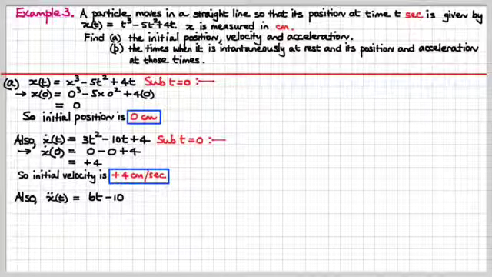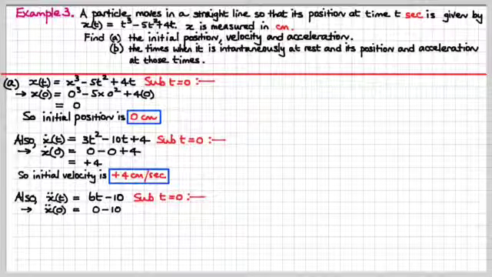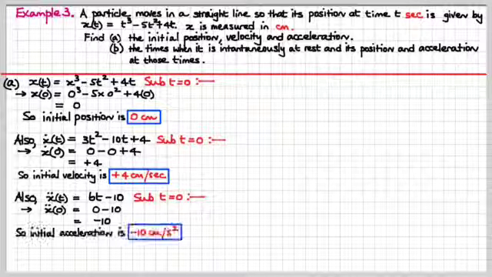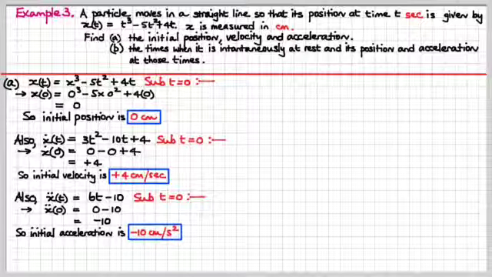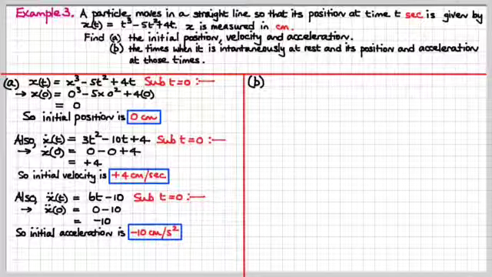We take the derivative of the velocity function, which gets us 6t minus 10, and we plug in t equals 0. So it's minus 10 centimeters per second squared, or 10 centimeters per second every second to the left, instantaneously at t equals 0.